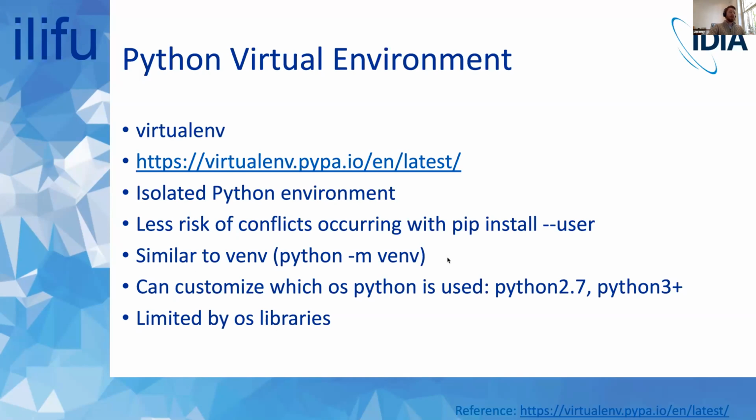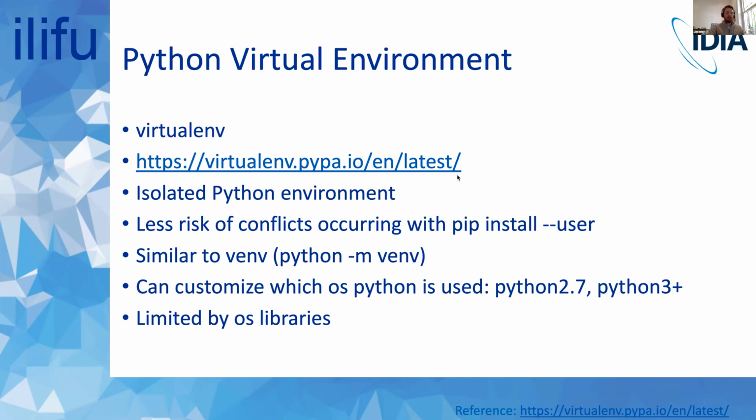What's useful about virtualenv versus the Python venv is that you're able to specify a version of Python that you would like to use, such as Python 2.7 or Python 3, Python 3.6.